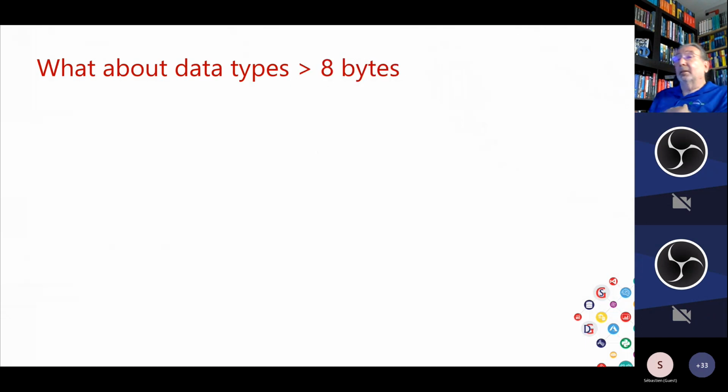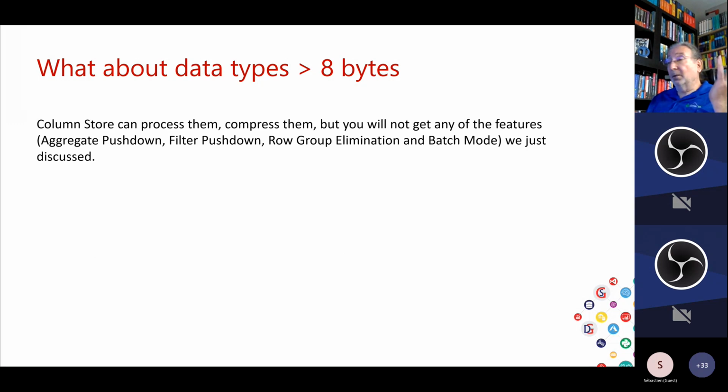So what about data types that are larger than 8 bytes? Yep, they work too. You can store a whole city name or the first and last name of people or your product in column store. But all these optimizations will not be part of your query if you select that column. If you put it in a column and you never query that column, it's not harmful.